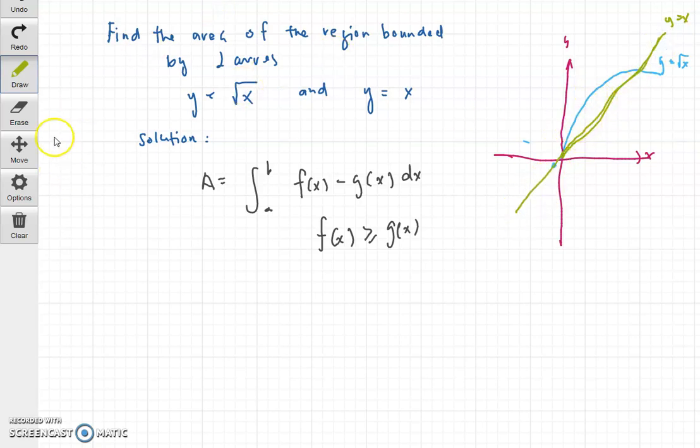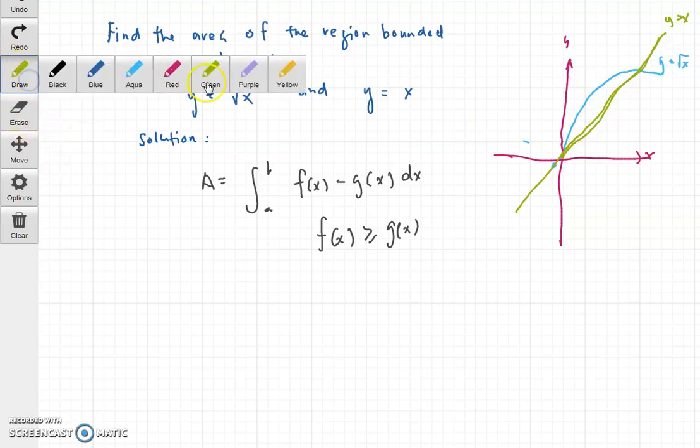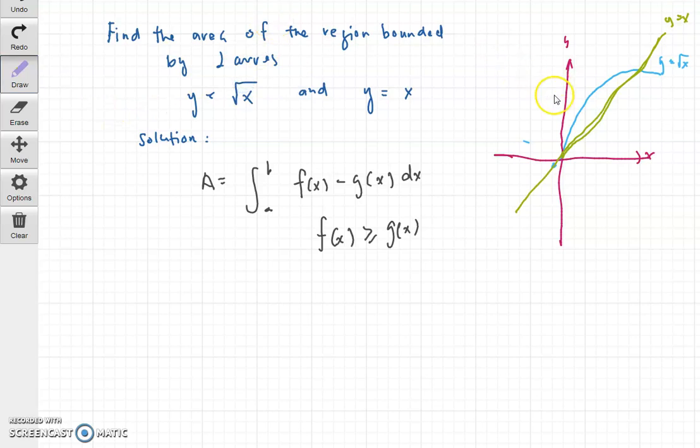So the region between these two lines is somewhere here. In order for us to determine the f(x) and g(x), we need to draw a vertical straight line here.